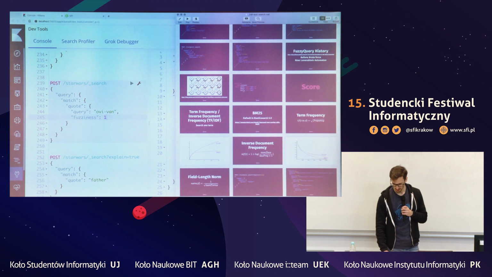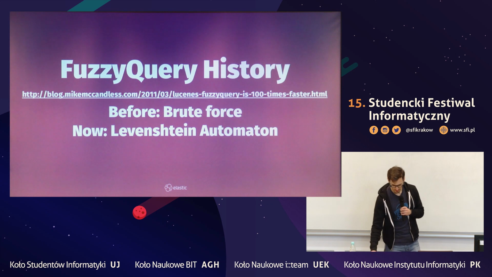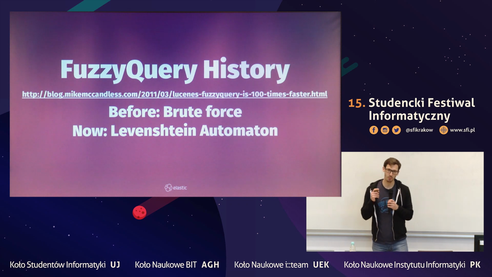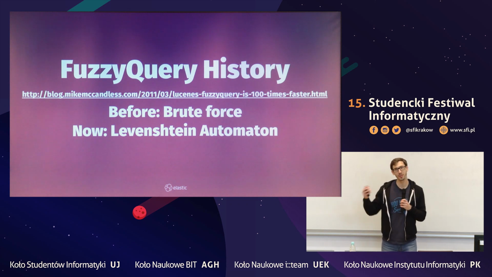Oh yeah, by the way, this is kind of a fun story. A few years ago, initially the fuzzy search in Elasticsearch was brute force. We would just generate all the possibilities you could do with Levenshtein 1 or 2 and search for all of them. But this was not very performant. And there was a very interesting paper that nobody understood to implement that in a better way.